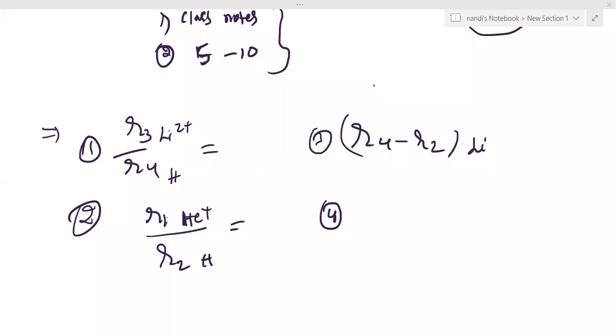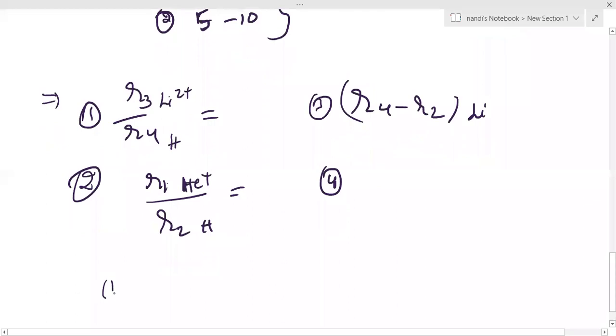What's the meaning of R3, sir? Orbit 3 radius of the lithium atom. R4 of hydrogen is radius 4. Suppose the first question: R3 of lithium is 0.529 into 3 square by 3.